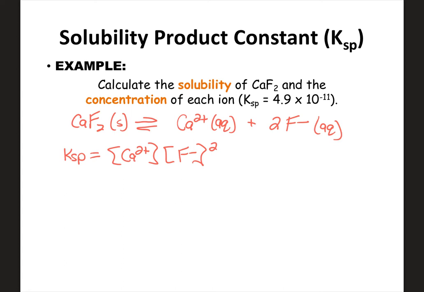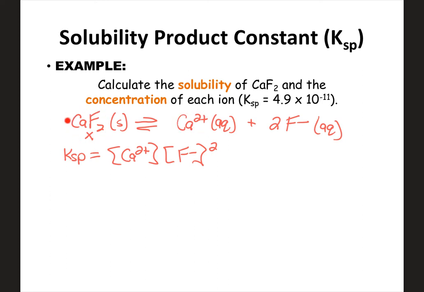So when I go to plug this in, I don't know the concentration of this ion or the concentration of this ion, but I know a little bit of information here, okay? So you got to kind of think about this logically. Whatever the concentration of your CaF2 is, let's just say that's X, right? I don't know what that concentration is. But what I do know here by looking at this dissolving equation is that whenever CaF2 dissolves, there is a 1-to-1 ratio between the CaF2 and the Ca2 plus.